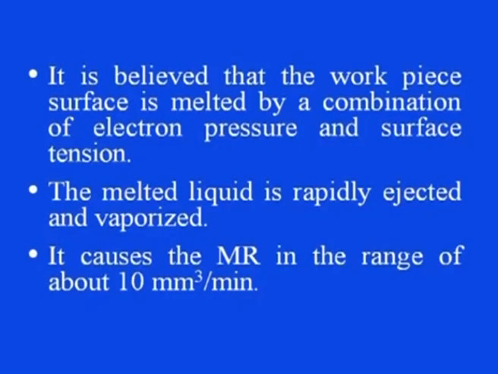It is believed that the workpiece surface is melted by a combination of electron pressure and surface tension. The melted liquid is rapidly ejected and vaporized, as we have already indicated. It causes material removal in a range of about 10 millimeter cube per minute.